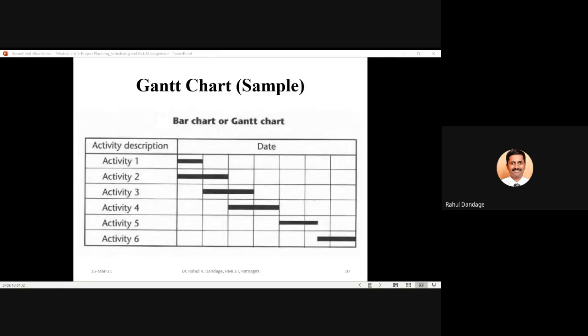Similarly, if I go to activity 2, we observe that the bar is drawn right from the beginning, so at date 1 it starts. It does not stop at 7; it goes beyond 7 into the next week, up to the end of that week, up to 14.